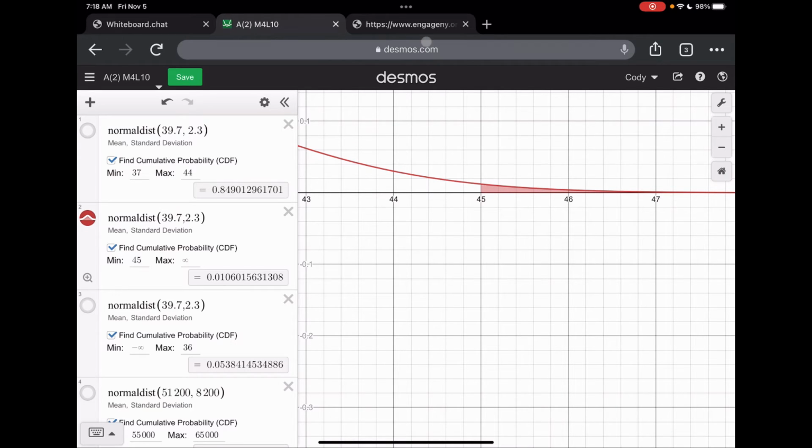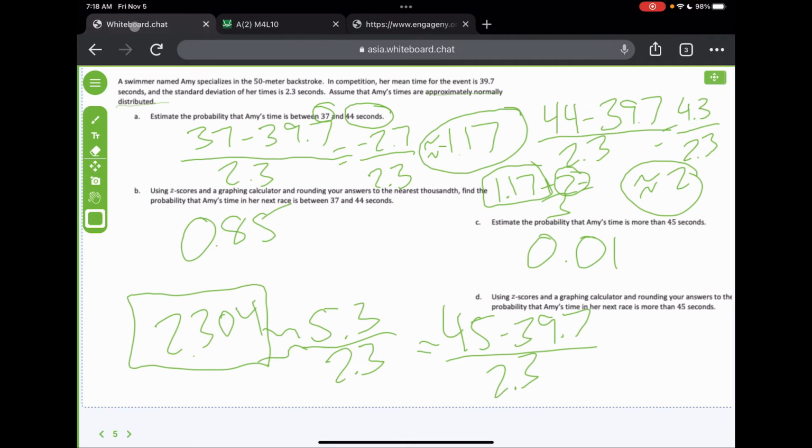So that tells us that 0.01 is at the standard deviation of 2.3. Okay? That's the standard deviation. Okay? Let's go to page 6.